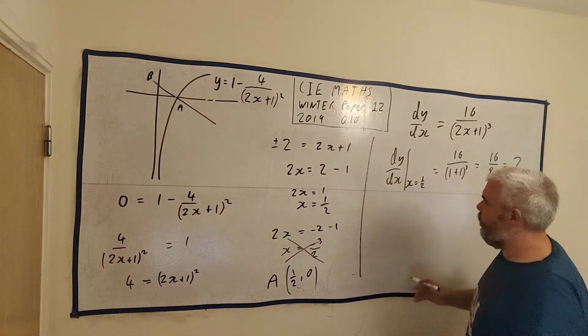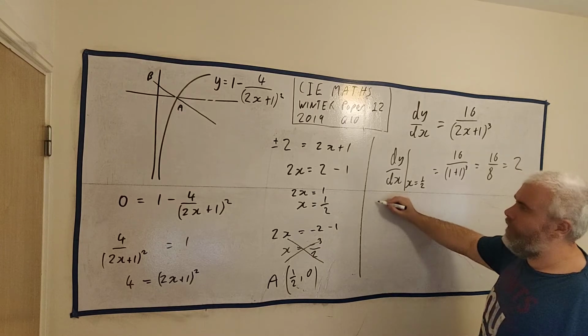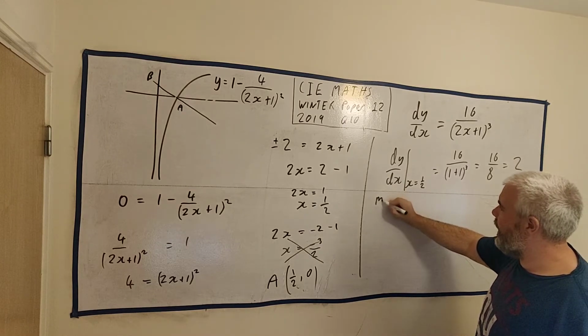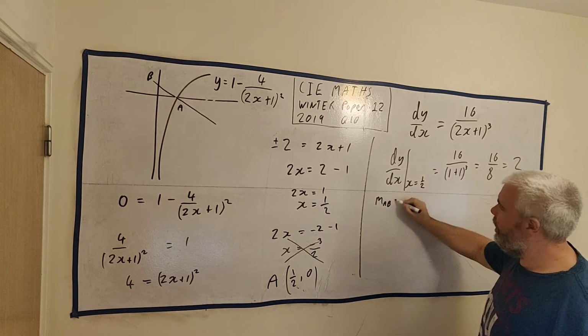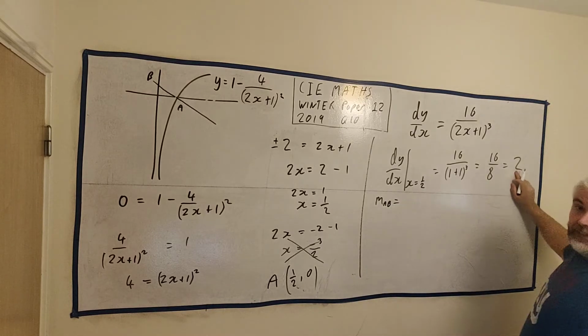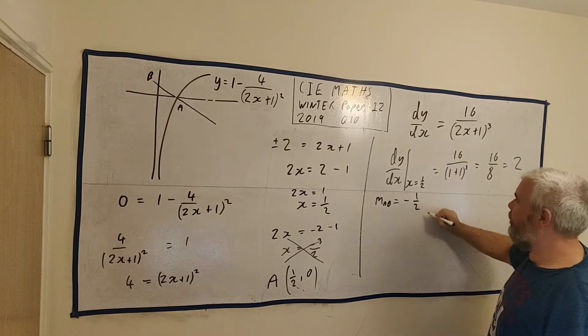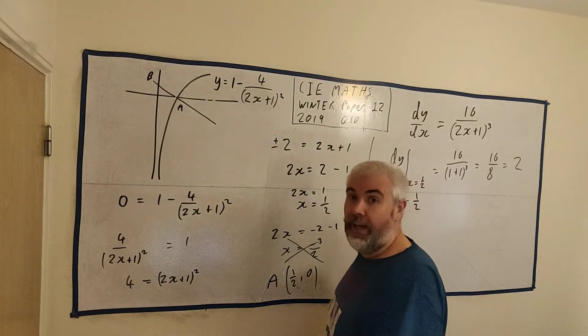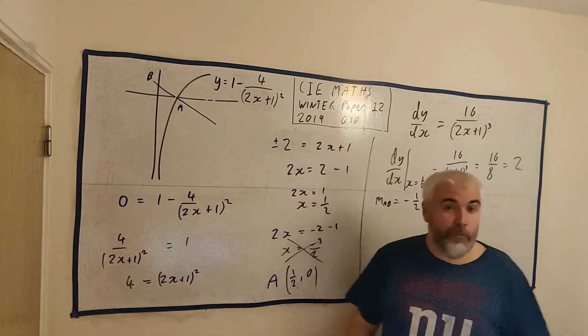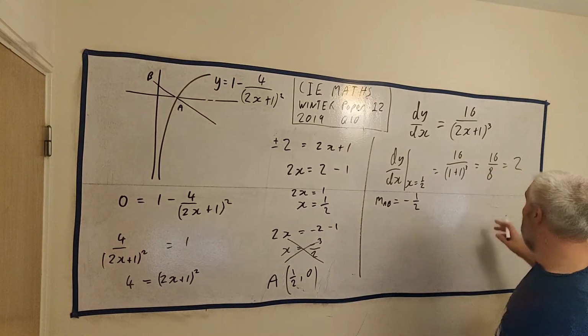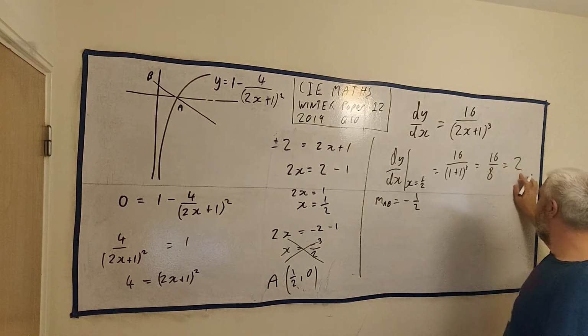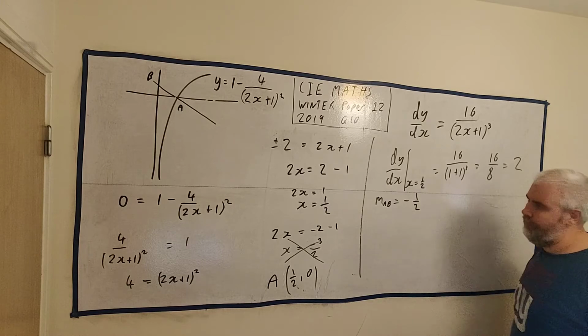So what about the slope of AB? Let's say m_AB. That must be equal to the inverse of this, so that's minus a half. You often just say turn it upside down and change the sign. It's really two slopes multiplied to get minus 1, and then that must be minus a half here.